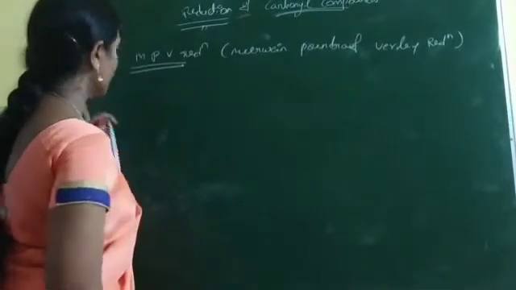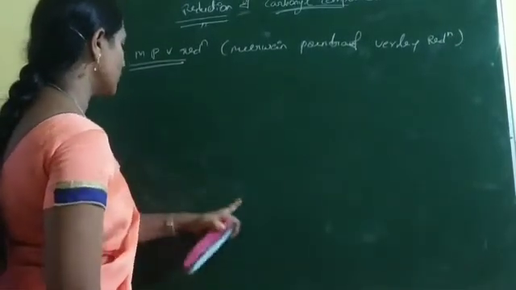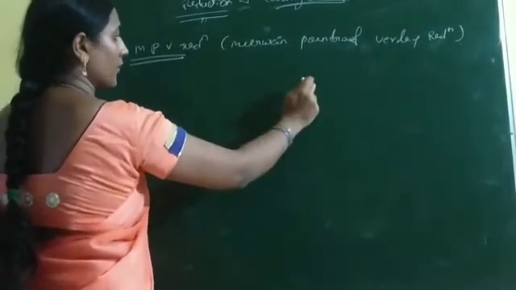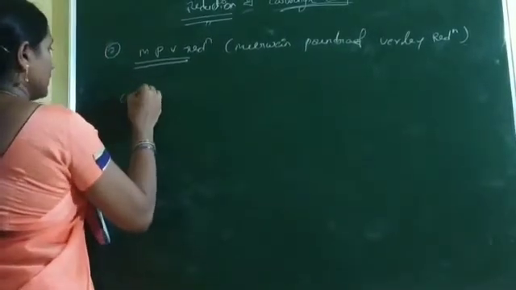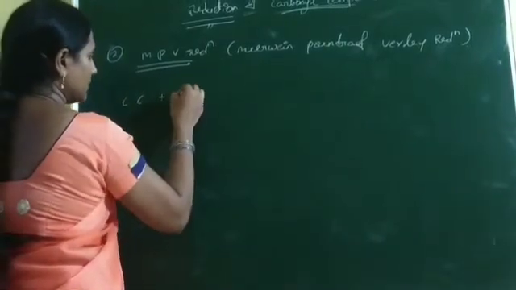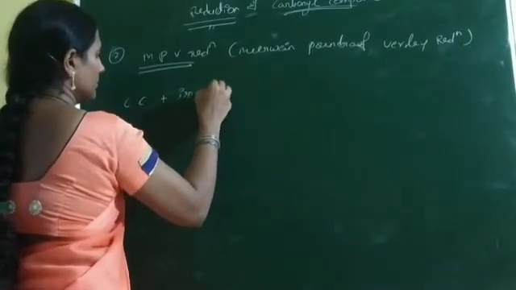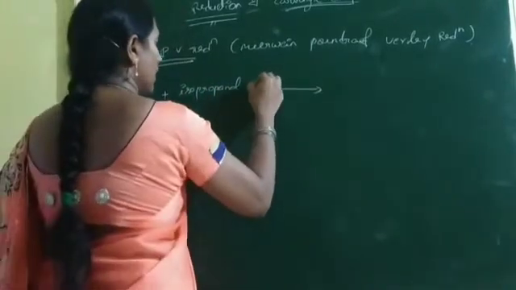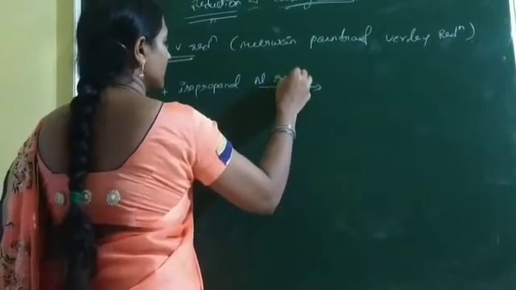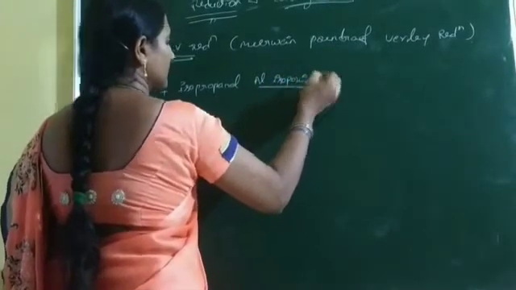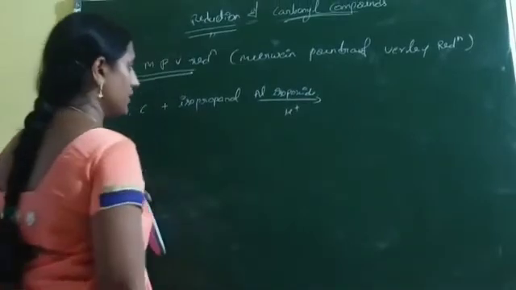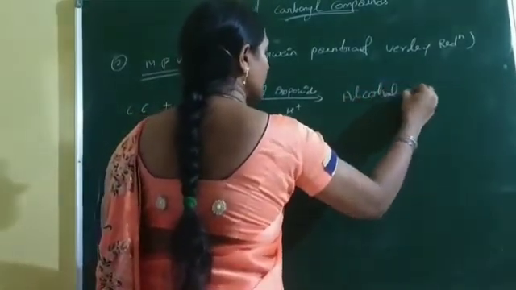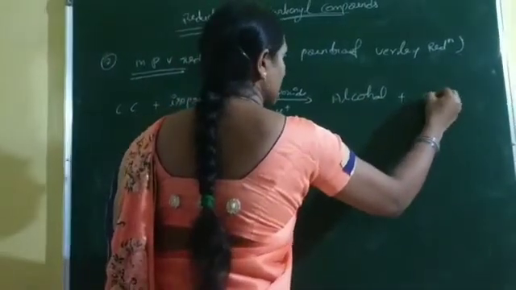In MPV reduction, carbonyl compounds turn to alcohols by using isopropanol in the presence of aluminium isopropoxide. The carbonyl compound is treated with isopropanol in the presence of aluminium isopropoxide in acidic medium. The product is alcohols and the byproduct is propanol.